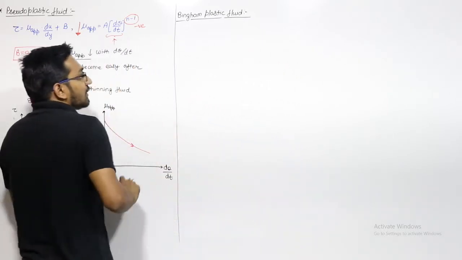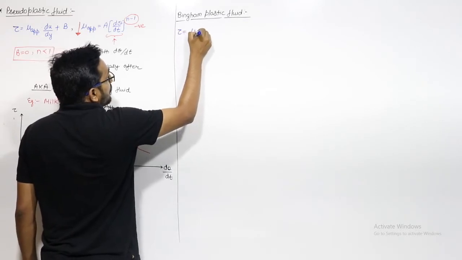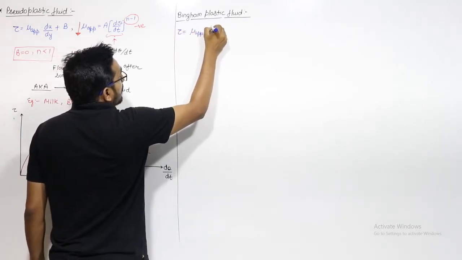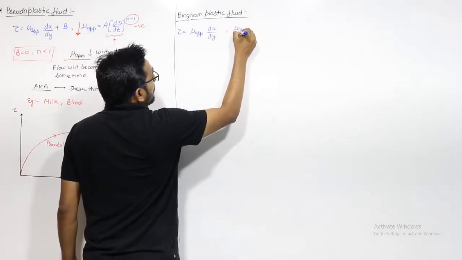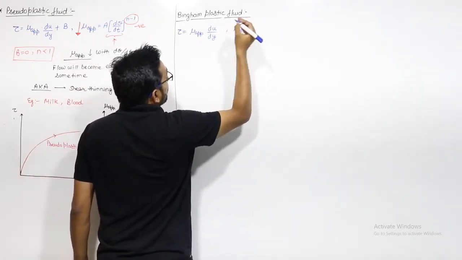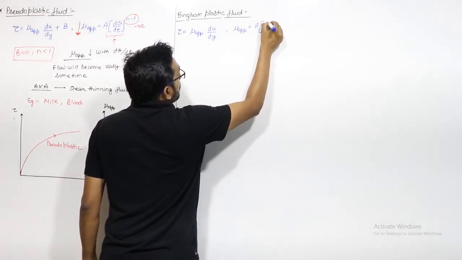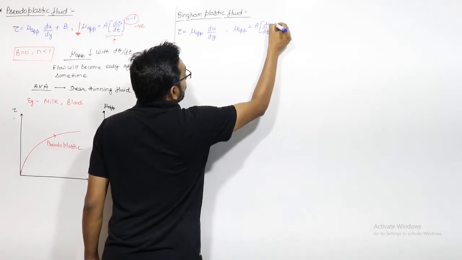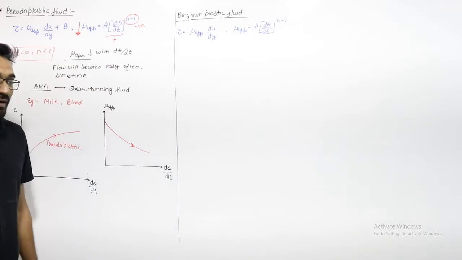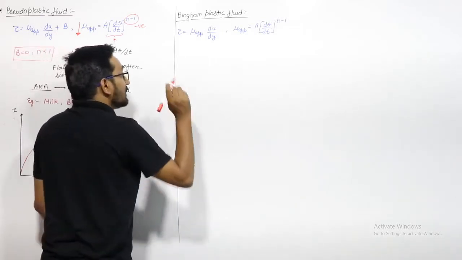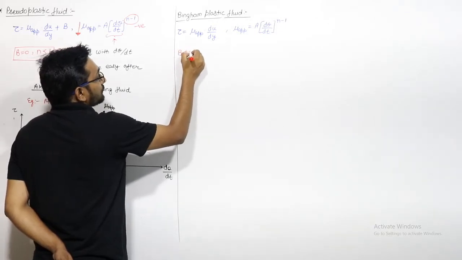If I write the Ostwald equation again, tau is equal to mu apparent into du by dy, plus B, and mu apparent is equal to a into d theta by dt raised to power n minus 1. In the Bingham plastic, the condition is that this B is not equal to 0.